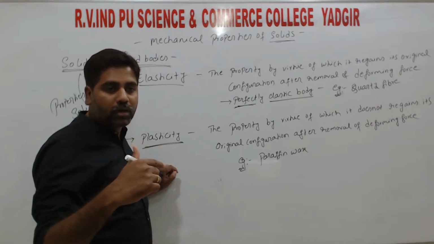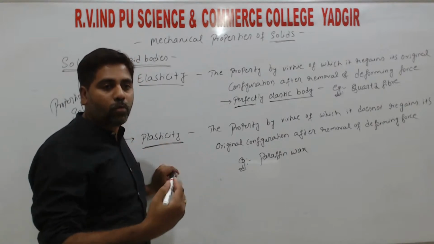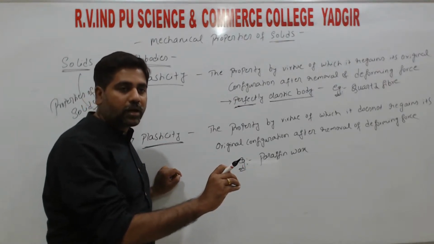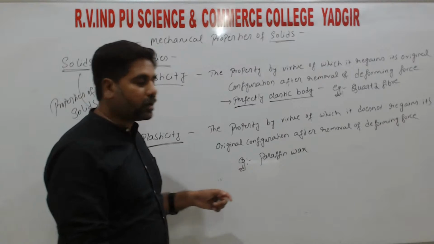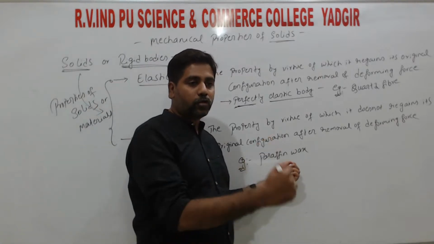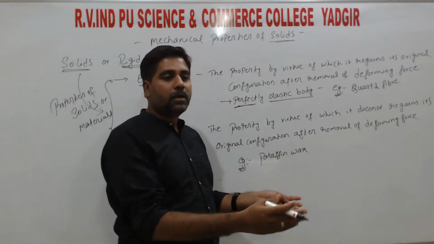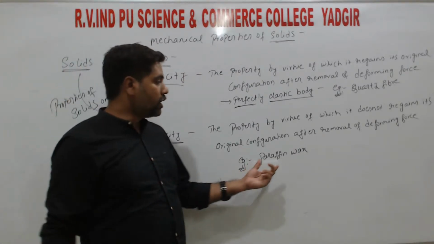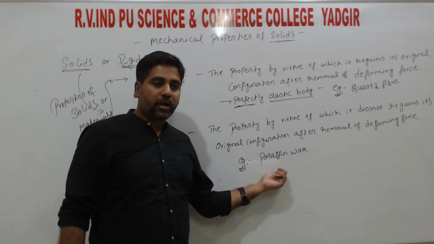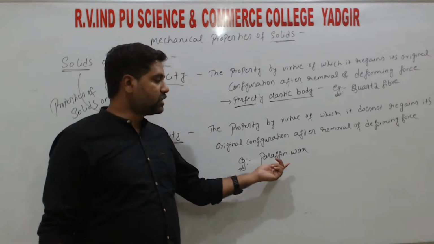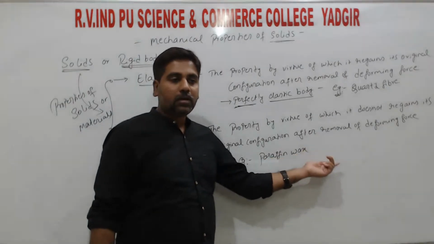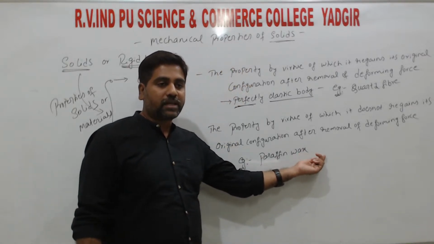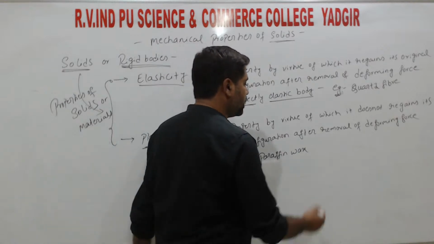When we remove the applied force, again it will not come back to its original configuration, right. You can observe or try this. Apply force to any candle, and after applying force, it will not come back. So best examples are paraffin wax and candles. Candles again come under wax, that is Vaseline, right.